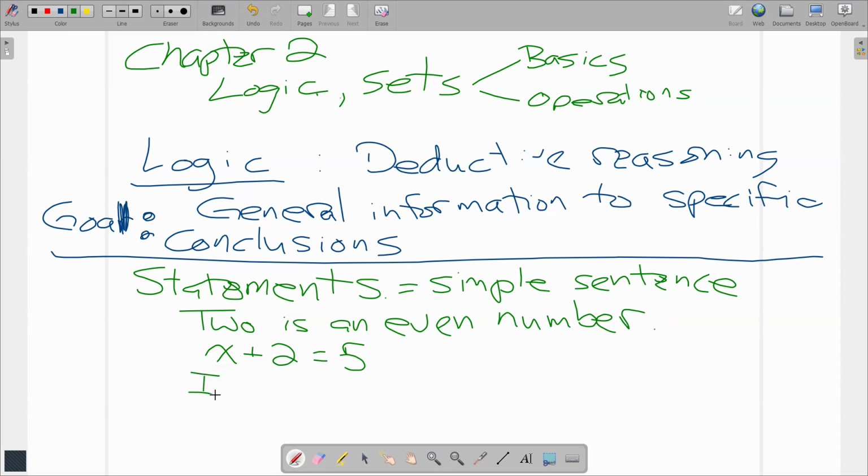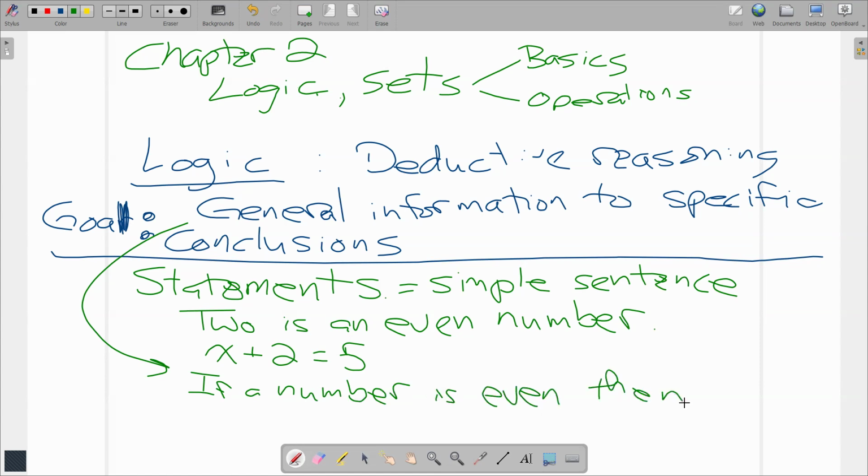Or more complicated, which is kind of part of our goal here: if a number is even, then it is divisible by 2.